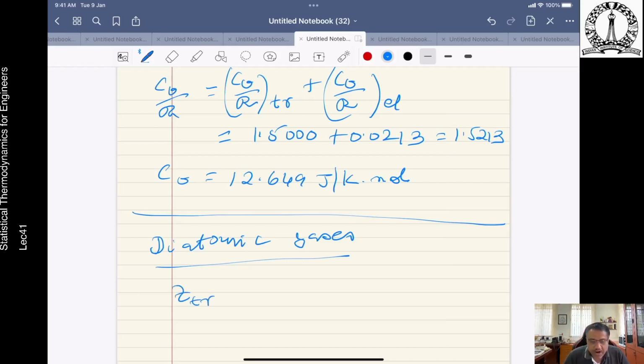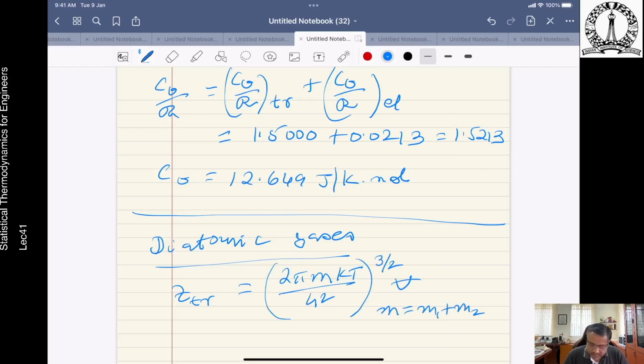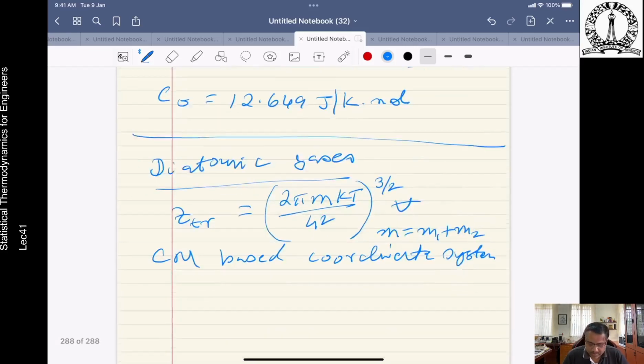So Z_TR is (2 pi m k T by h squared) to the power 3 by 2 into V, where m is equal to m1 plus m2. So this is the center of mass based coordinate system, which we already did. Now the total mass represents both the nuclei of the chosen diatomic molecule.